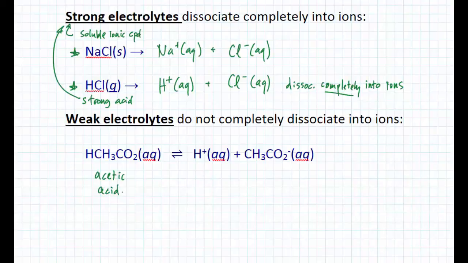Acetic acid is the active ingredient in vinegar. In our acid-base titration lab, you're going to titrate the acetic acid in vinegar. So it is considered a weak electrolyte because it does not completely dissociate into ions. It makes a fairly low concentration of ions.